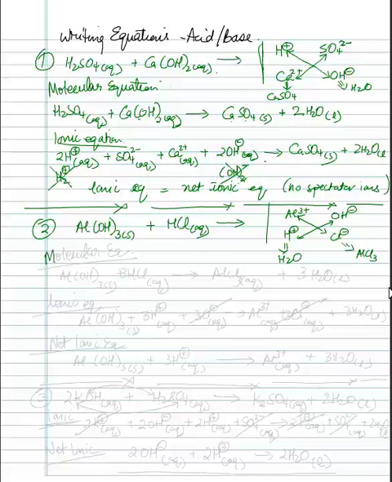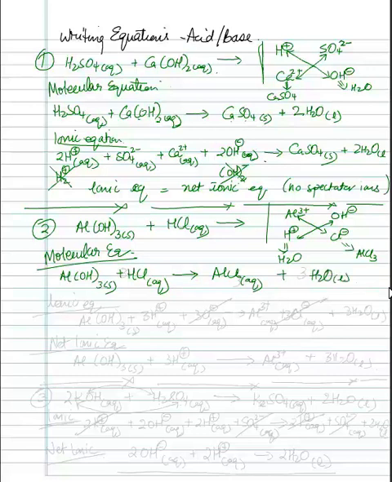Now writing our molecular equation, we have aluminum hydroxide, Al(OH)3, that's a solid, plus HCl aqueous, to give us aluminum chloride. I like to write my salt first. Aluminum chloride should be soluble, so it is dissolved in water, and then we have H2O, which is a liquid.